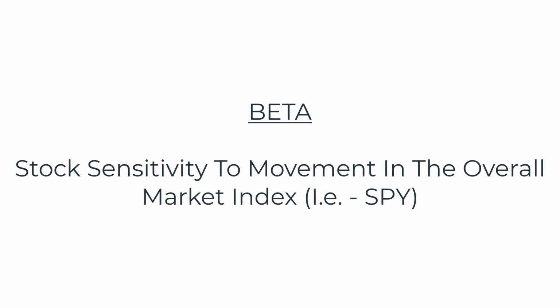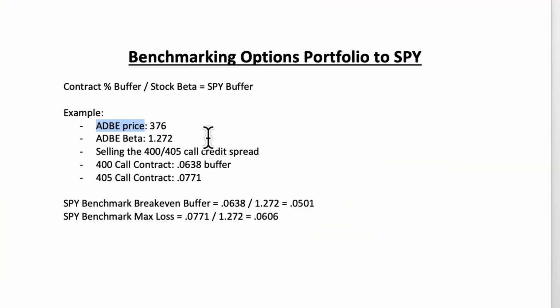They're looking back 5 years of price data, and they're measuring that stock's sensitivity to movements in the SPY. So for example, if your beta on a particular stock is 2, that means if the SPY goes up 1%, your stock is likely to go up 2%. If the SPY goes down 1%, your stock is likely to go down 2%. So the sensitivity can be either up or down.